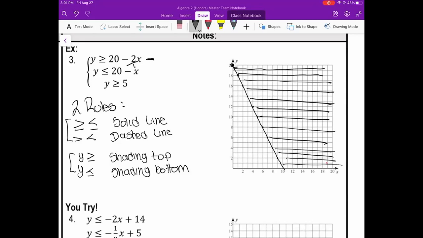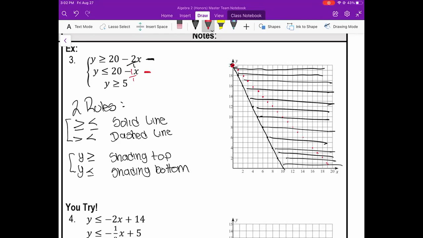Cool. Second equation, I'm going to use red. Same thing, my y-intercept is at 20, which means they have the same starting point. My slope is -1 over 1, so I'm going to go down 1 over 1 and find a bunch of points. Let's look at the rules.